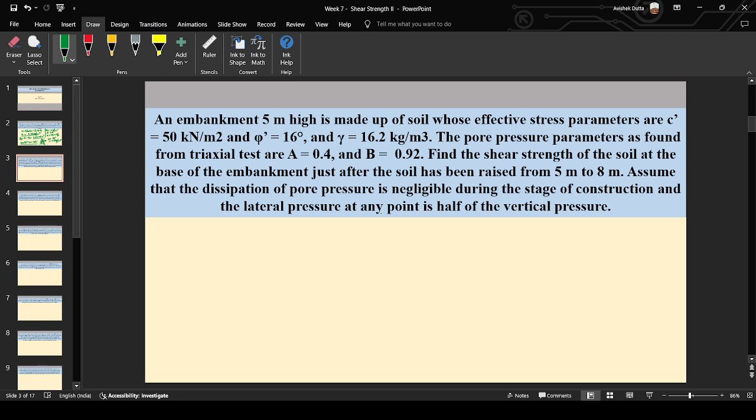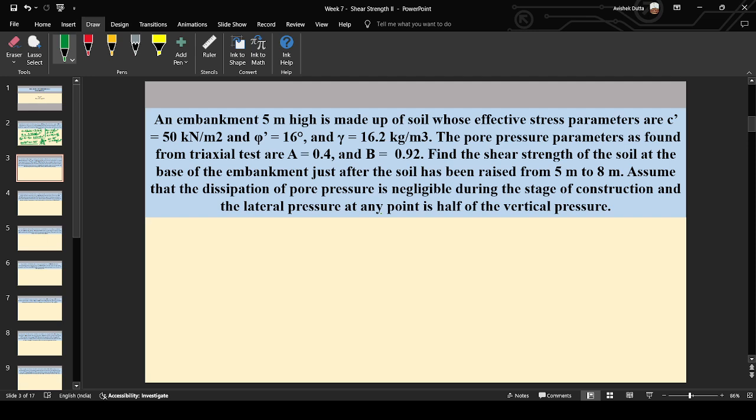And that the lateral pressure at any point is half of the vertical pressure. Yes. So in this case, we are told to find out the change in the shear strength, that is when the embankment has been raised from 5 to 8.